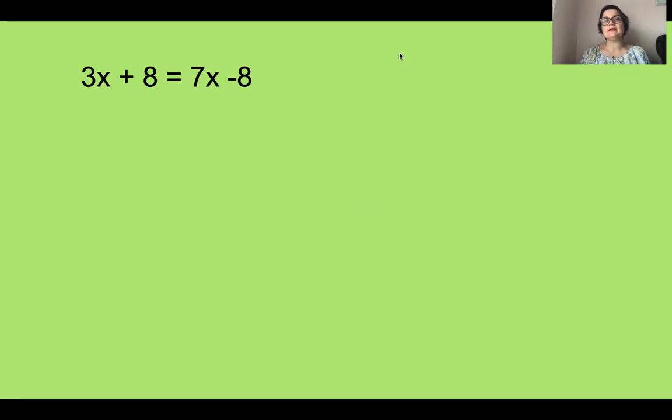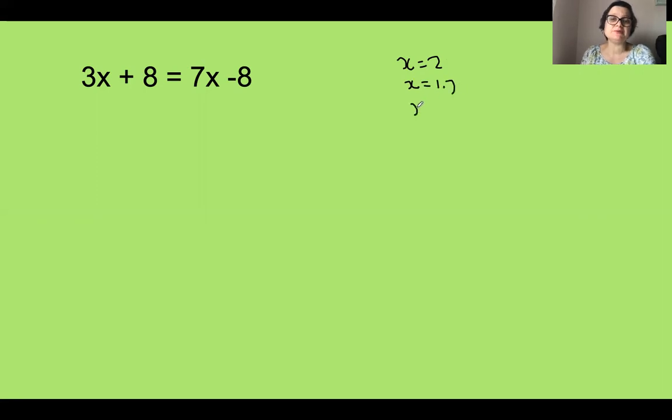Now, before we begin the solution, I'm sure you have all seen the end solution of an equation, and it looks like this. For example, x equals 2, or it could be a decimal number, x equals 1.7.